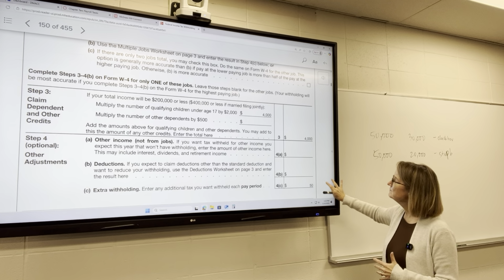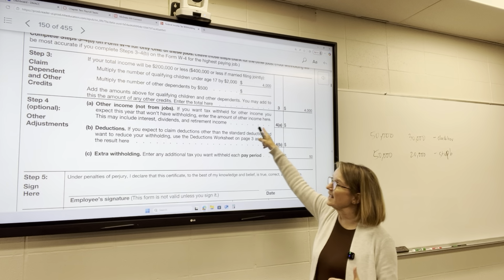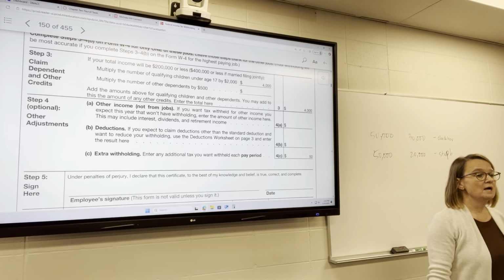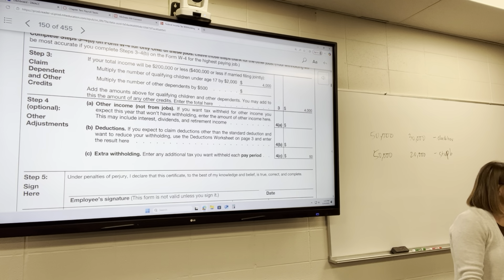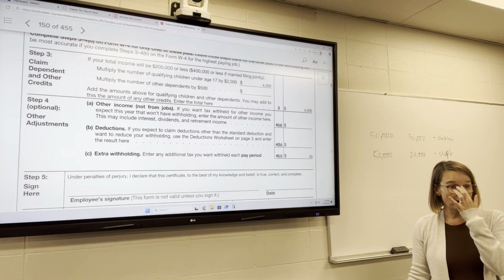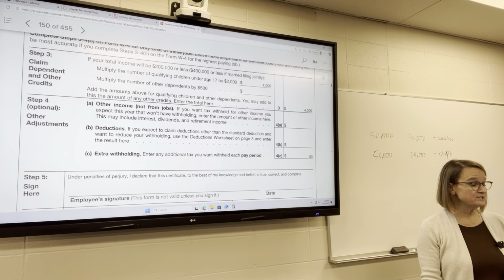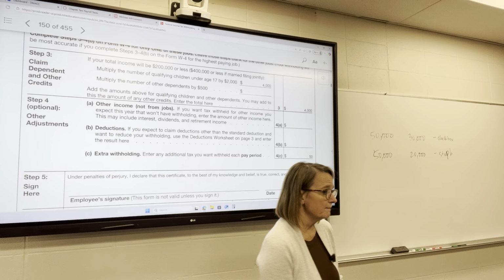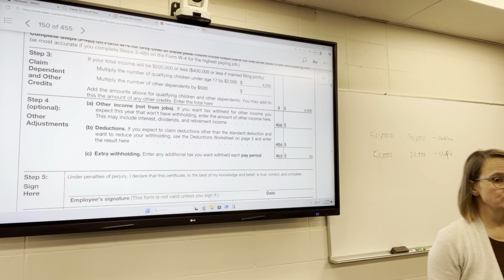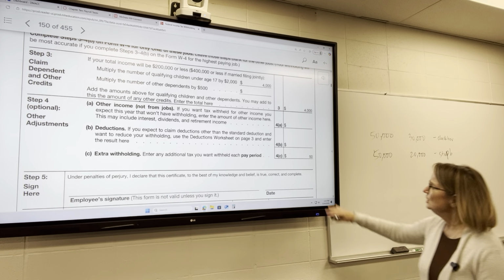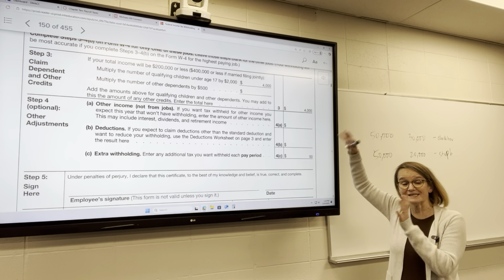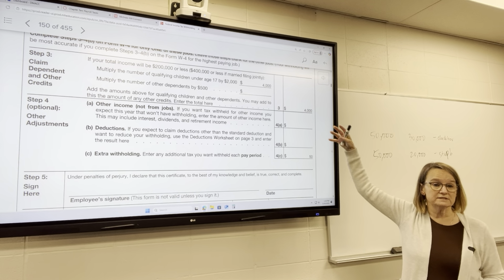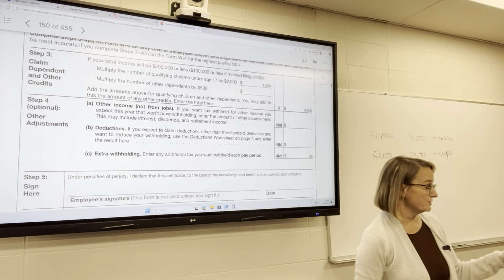Step 4, part A is if there's income from other sources that aren't jobs. They're not W-2 jobs. So you have interest income or dividend income or capital gain income or rent income or any other kind of income where you think you're going to owe tax. You can essentially add the income here to be a part of the withholding calculation.